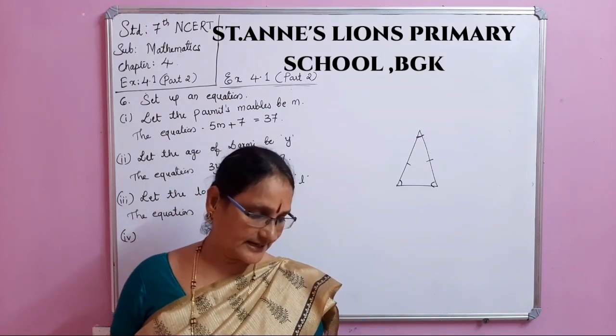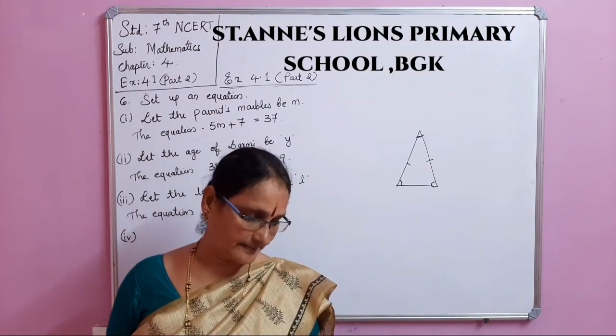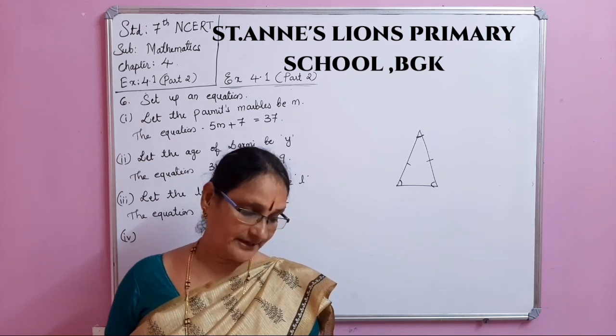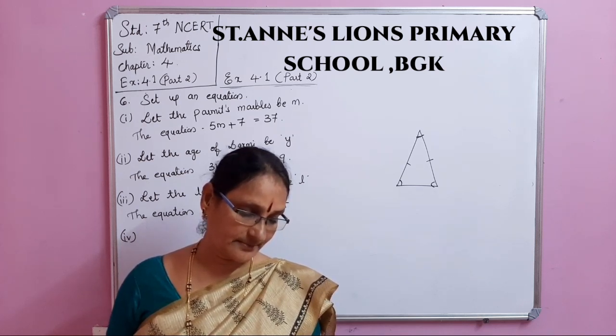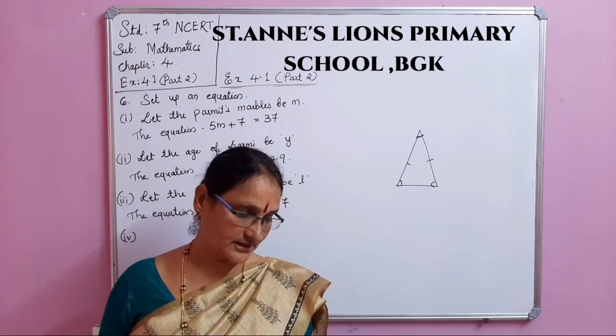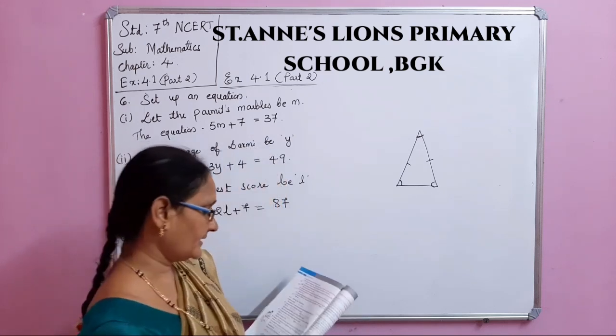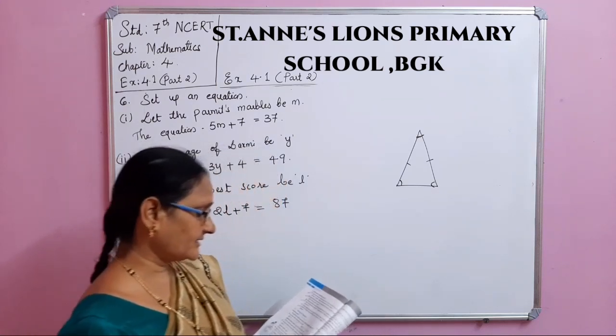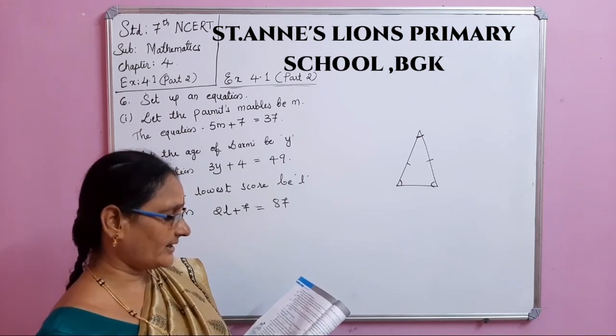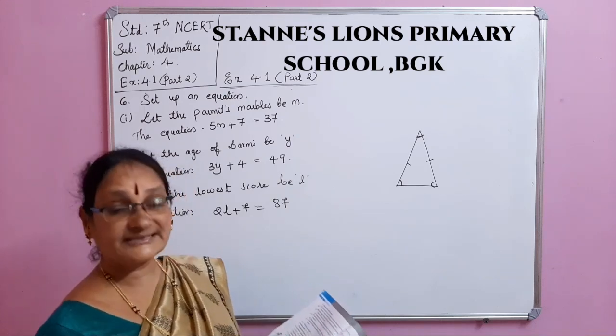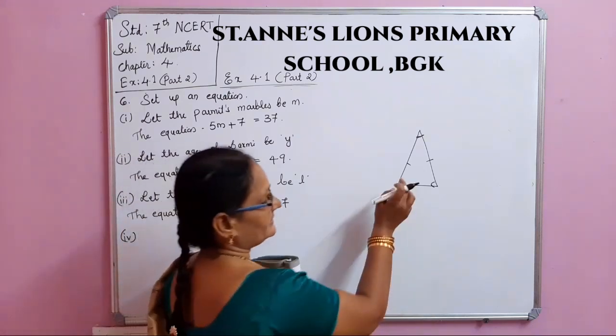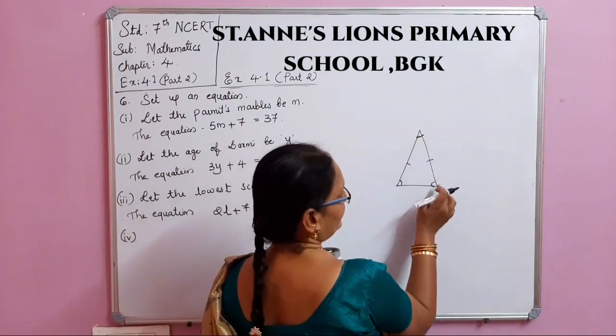Either base angles. Let the base angle be B in degrees. Remember that the sum of the angles of a triangle is 180 degrees. See here. In an isosceles triangle, the vertex angle is twice either base angle. Twice means double of this, double of this.